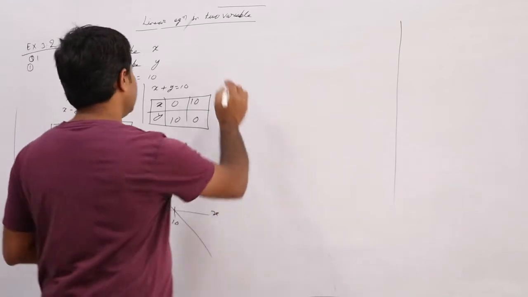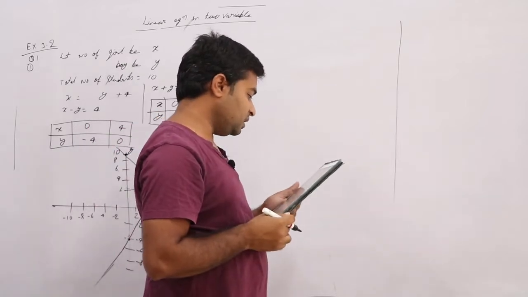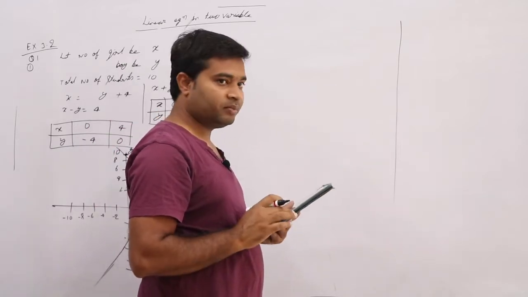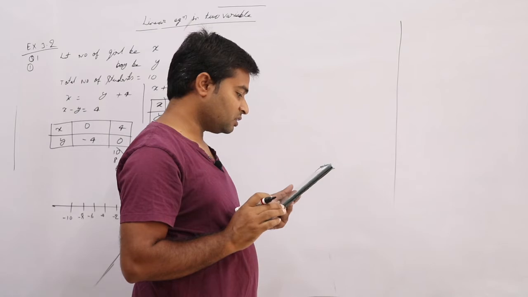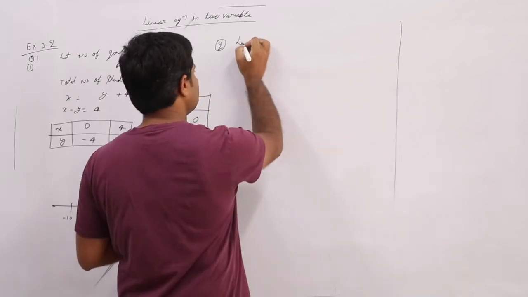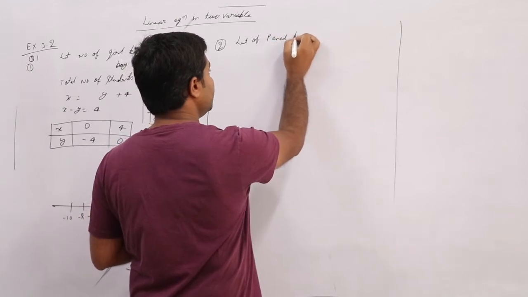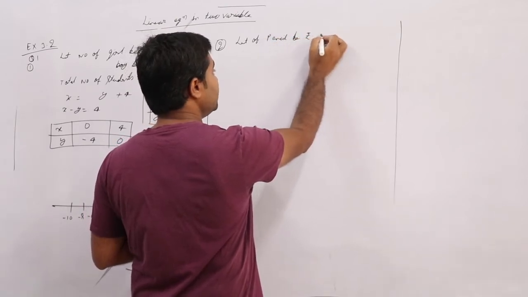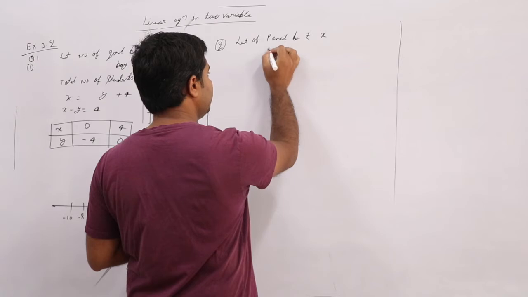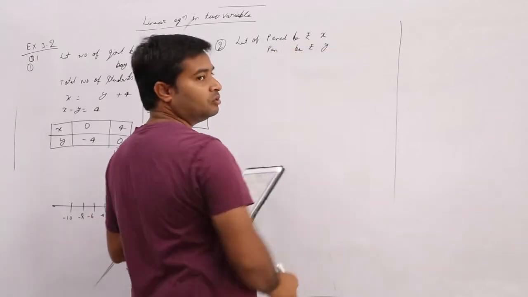Question number 2 is saying: 5 pencils and 7 pens together cost 50 rupees. So let the cost of a pencil be rupees x and a pen be rupees y.